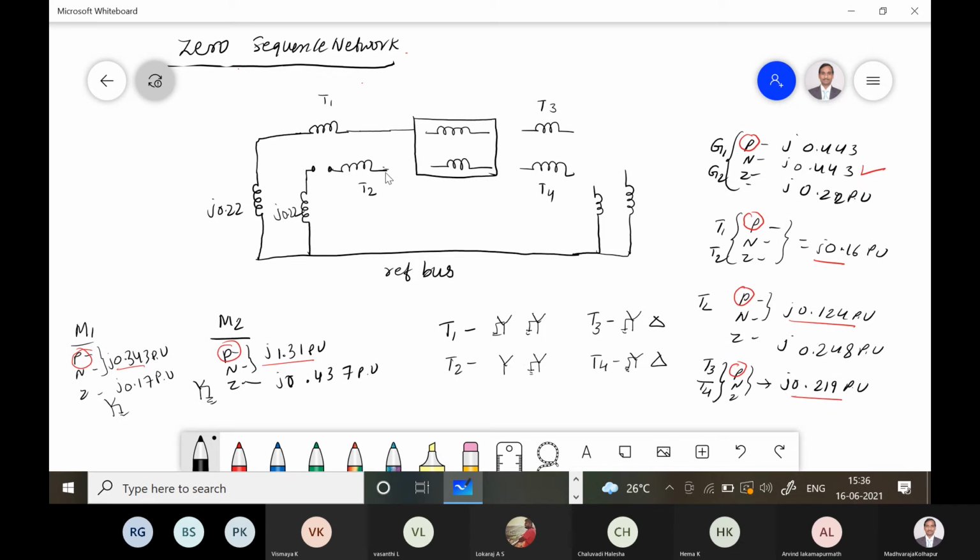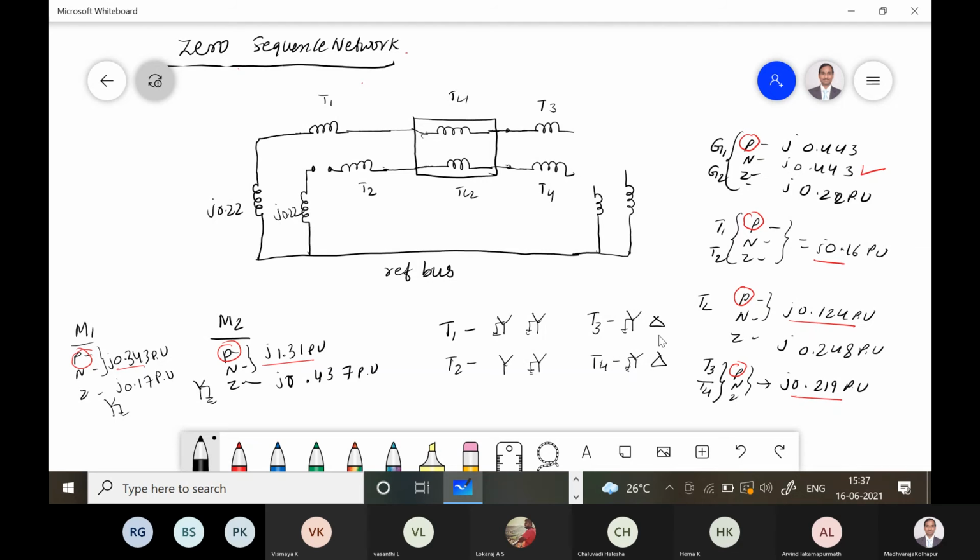The secondary is star grounded, so close it. This is transmission line 1, this is transmission line 2. For transformer 3, primary is star grounded, so the series switch is closed. Transformer 4, primary is star grounded, series switch is closed.